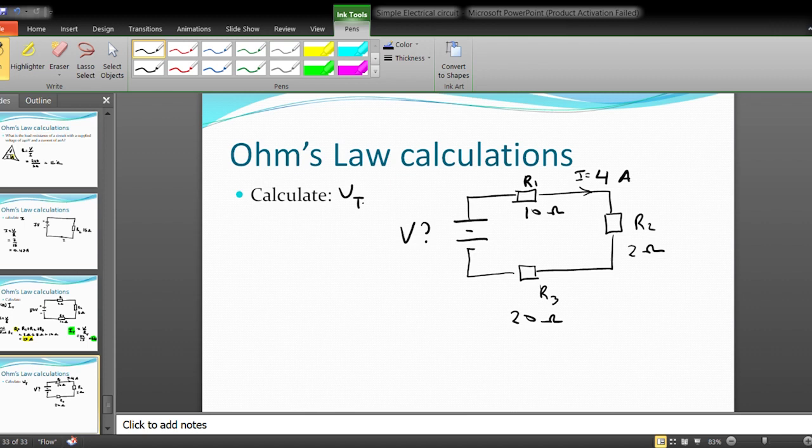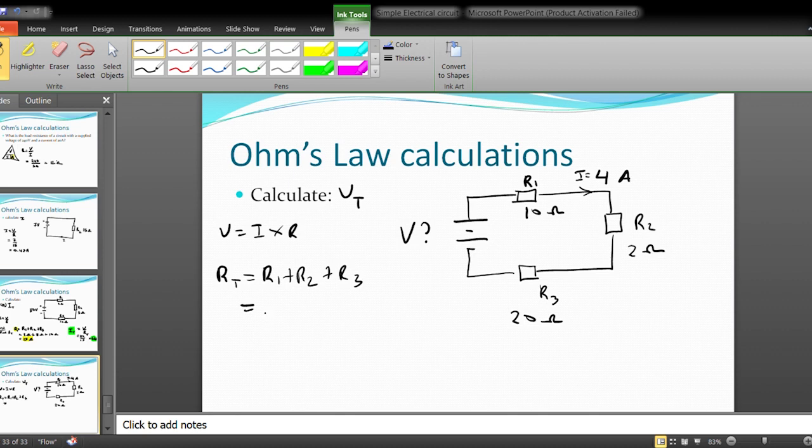Because we know what the formula for the voltage is, we can go ahead and write it down. V is equal to I times R. But you will ask yourself which one of the R's. So in order to find V, you first need to find RT, which is the total resistance in the circuit. And RT is equal to R1 plus R2 plus R3.